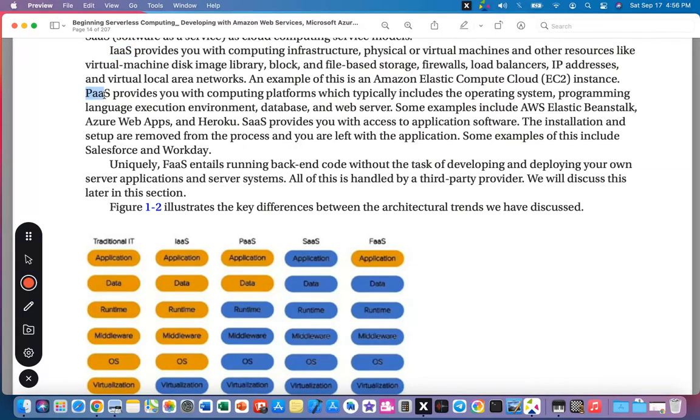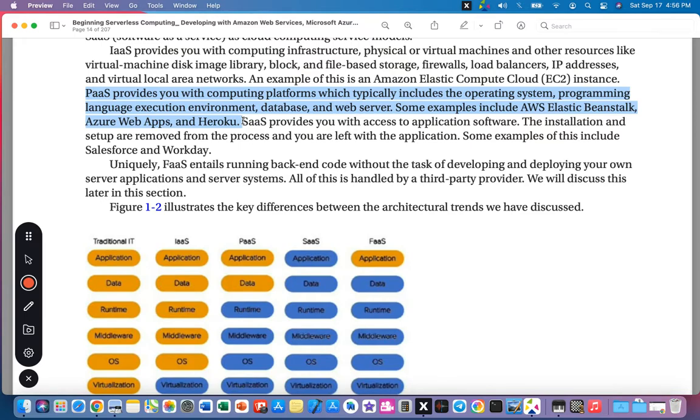So we talked about IaaS. Now let's talk about platform as a service. PaaS provides you with a computing platform, which typically includes the operating system, programming language execution environment, database, and web server.